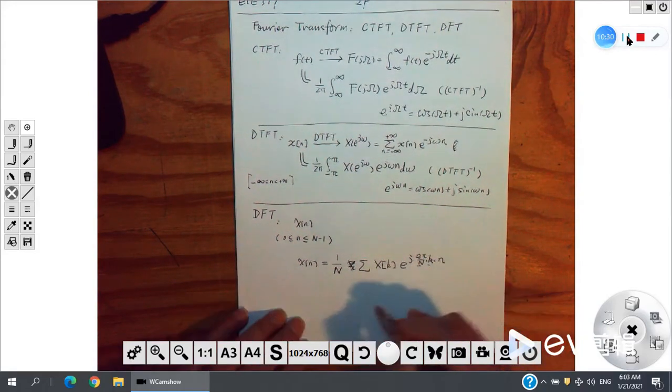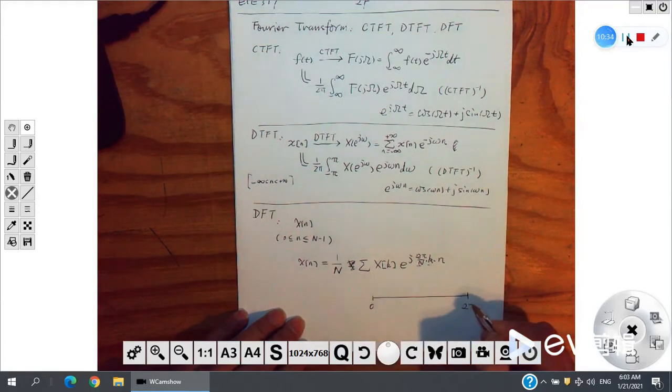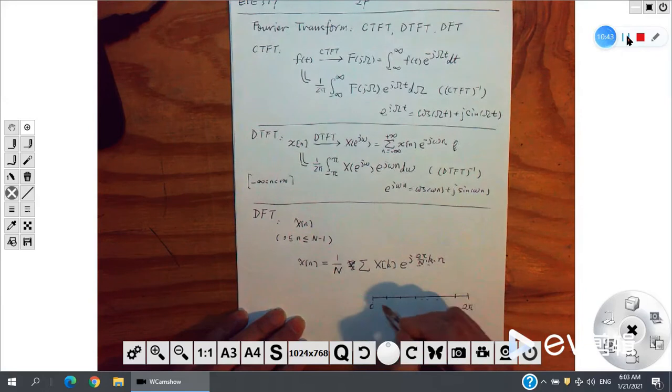Actually, the thing is like this: from 0 to 2 pi, separated by n pieces, right? So each one is 2 pi over n times 1. Second, this is 2 pi over n times 2. This is 2 pi over n times 3, and so on.